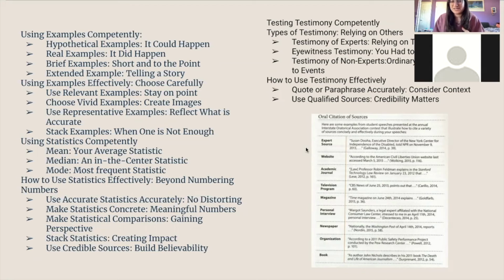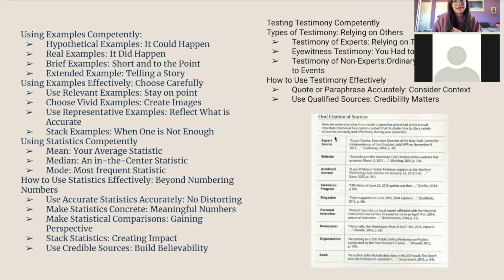Now, how to use statistics effectively beyond numbers. We can use accurate statistics accurately, so we want to make sure that we're not distorting our facts. The book talked about a money statistic, taking inflation into account. So really making sure that we're not distorting our statistics, and making our statistics concrete. That means finding meaningful numbers, making statistical comparisons, and making sure we're gaining perspective.